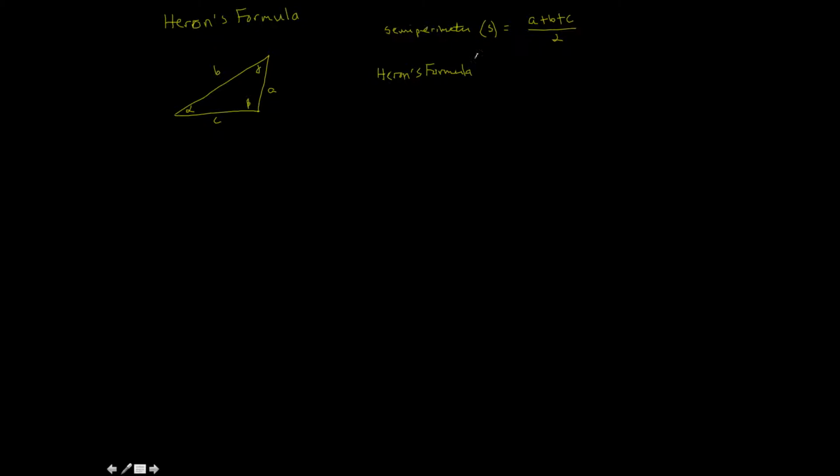And what Heron's formula is, we find the area by taking the square root of the semi-perimeter times the semi-perimeter minus A times the semi-perimeter minus B times the semi-perimeter minus C. And that will give us, that's Heron's formula, and that will give us our area.